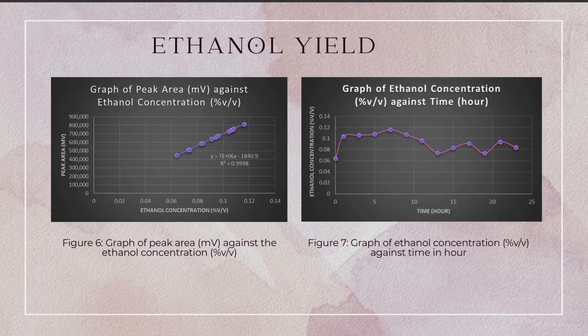So this is the graph obtained for ethanol yield. Figure 6 shows the graph of peak area in mV or V against the ethanol concentration. Figure 7 shows a graph of ethanol concentration, percentage volume per volume, against time in hour.